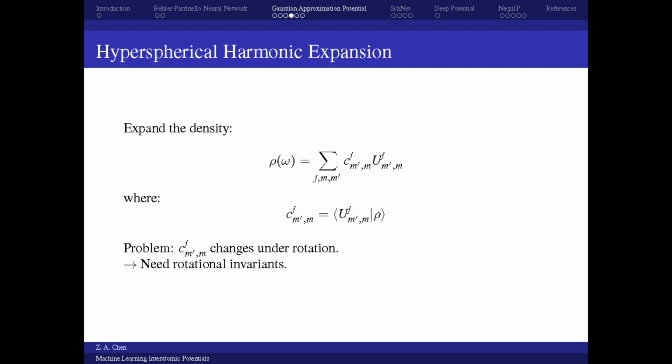Then the density is expanded using hyperspherical harmonics. However, the coefficients still change under rotation, so we need rotational invariance. The simplest invariant would be something like the square of c, but this loses angular correlation information.